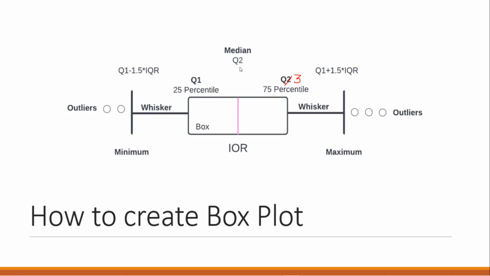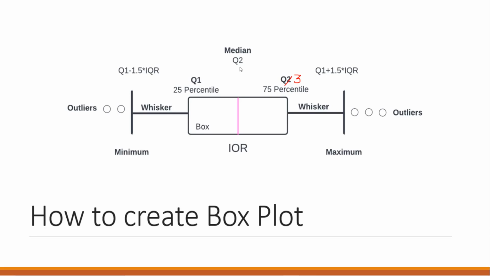And to plot a box plot, we start with the median and this is the value that falls in the center of our data. Next, between the 25th and the 75th percentile, a box is drawn, Q1 and Q3 respectively. And the range indicated by this box is known as interquartile range, IQR.